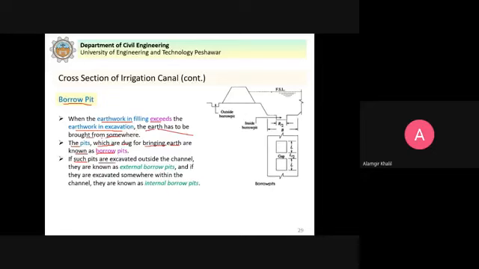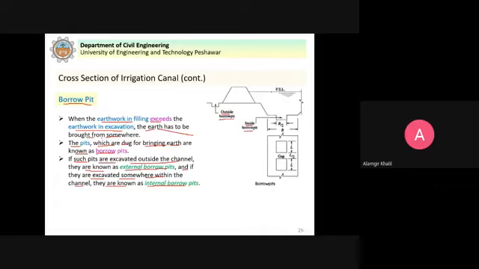If such pits are excavated outside the canal or channel, they are known as external burrow pits. Just like you can see here outside the channel, it is an outside burrow pit. And if they are excavated somewhere within the channel, they are known as internal burrow pits. Also you can see here that we have this inside borrow pit or internal borrow pit.